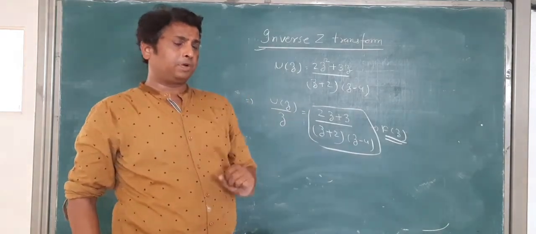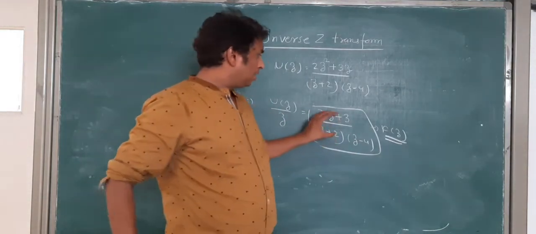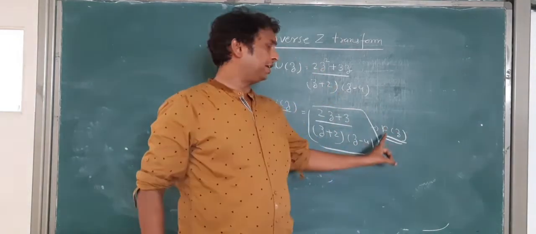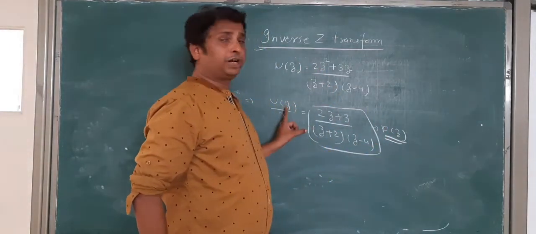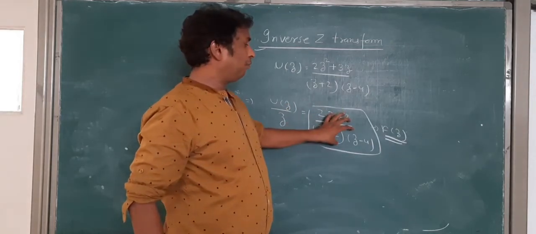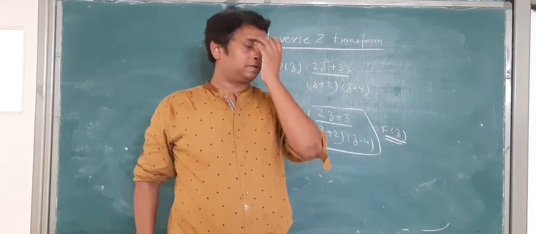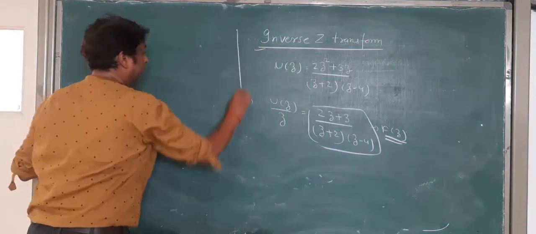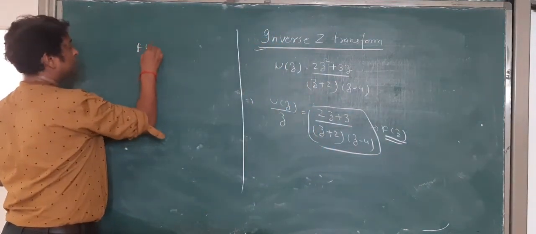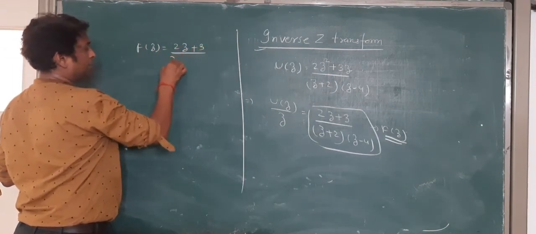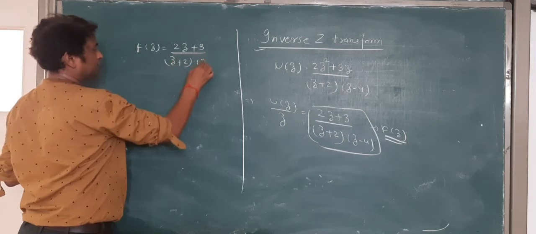Now the second step. The second step is to do partial fraction for F(z). F(z) means U(z) by z. Whatever comes on the right hand side, do its partial fraction. What do we have for F(z)? We have (2z plus 3) upon (z plus 2)(z minus 4).